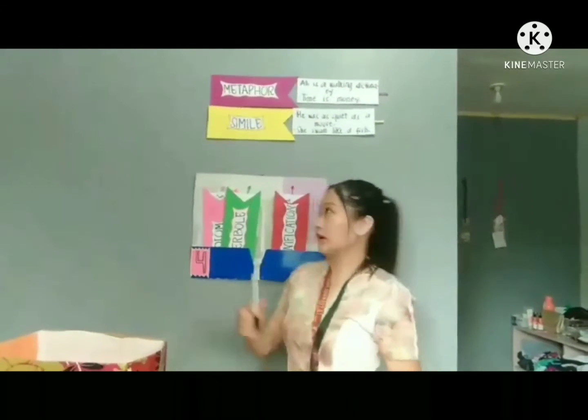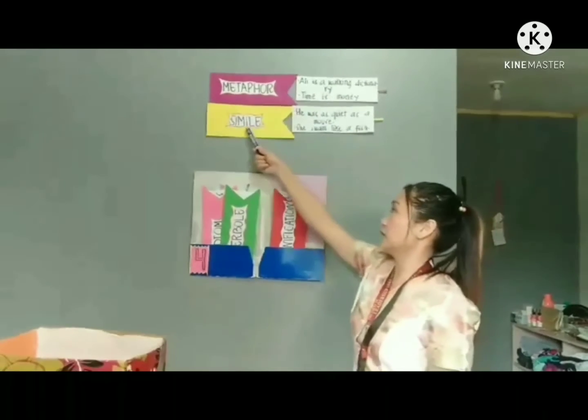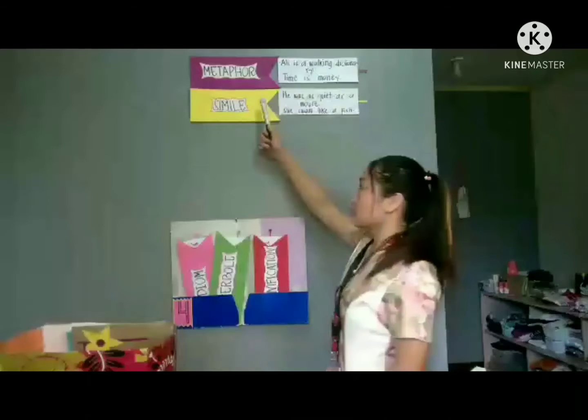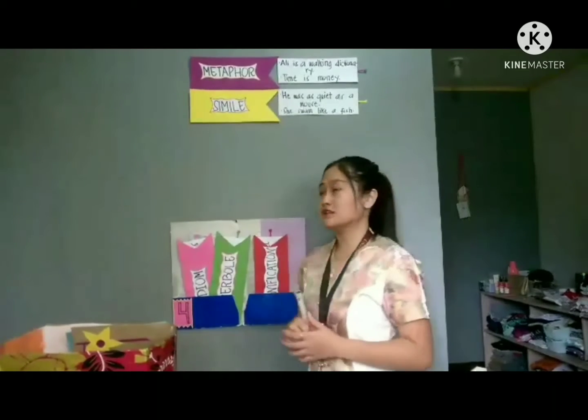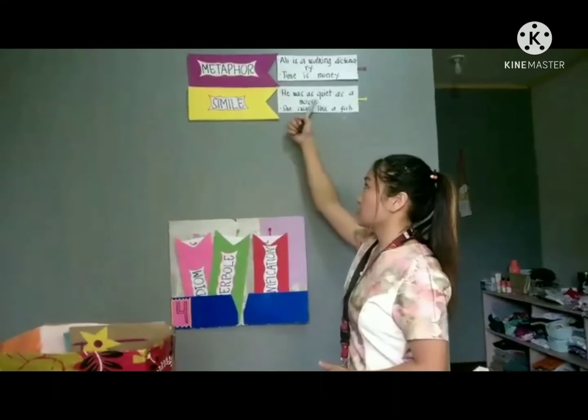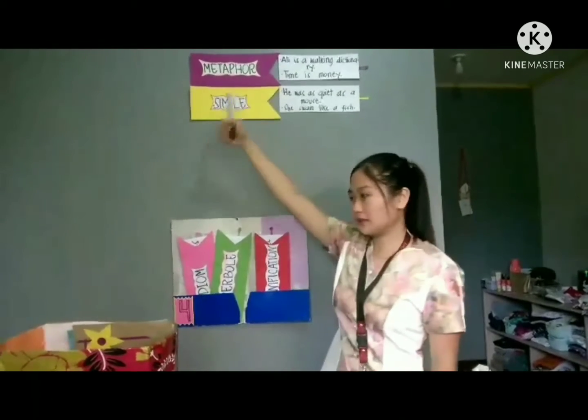In the first example, I'm comparing how quiet he was with how quiet a mouse is, emphasizing that he was very, very quiet. So that belongs to simile. Another example of simile is, she swam like a fish. In this example, I'm describing how good she was at swimming.